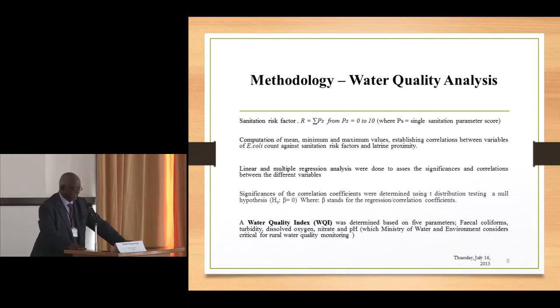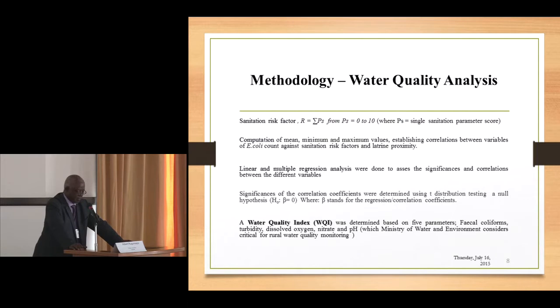We then determined the sanitation risk and computed the statistical mean, minimum, and maximum values. We did linear and multiple regression so that we could relate the significances and correlations between the different variables.